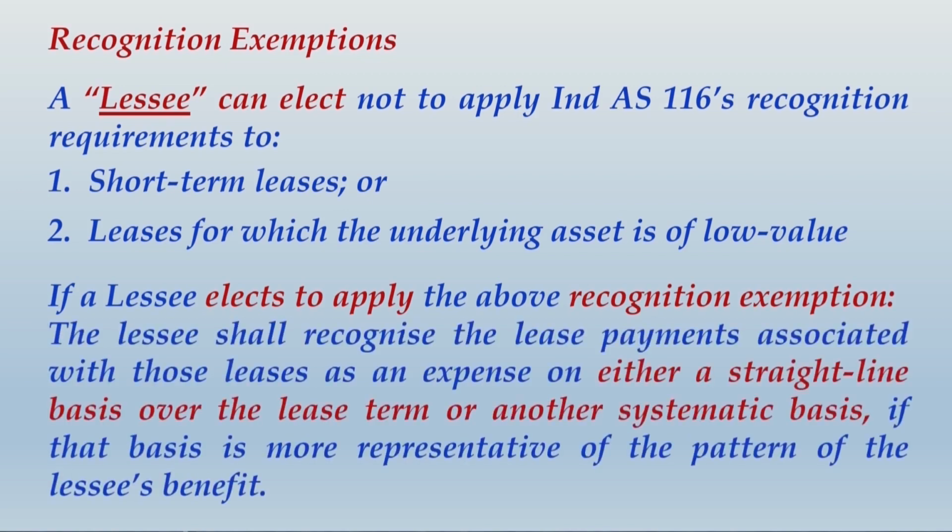The lessee shall recognize the lease payments associated with those leases as an expense on either a straight line basis over the lease term or another systematic basis, if that basis is more representative of the pattern of the lessee's benefit. Now friends, what you find on screen is something very, very important. I would want you to note it down quickly.